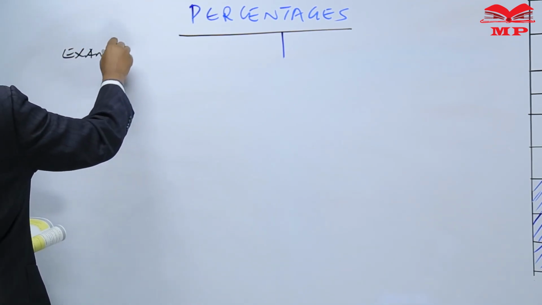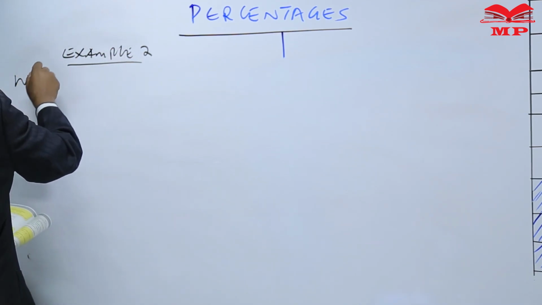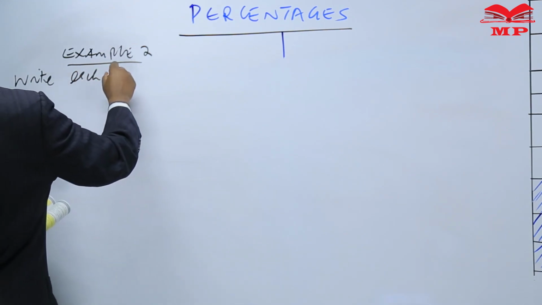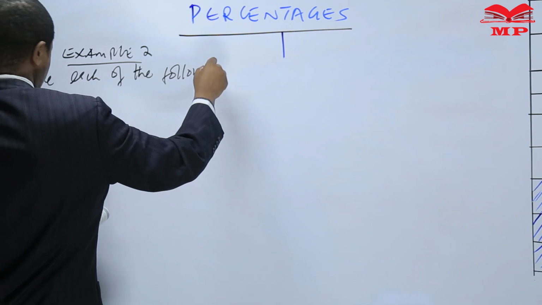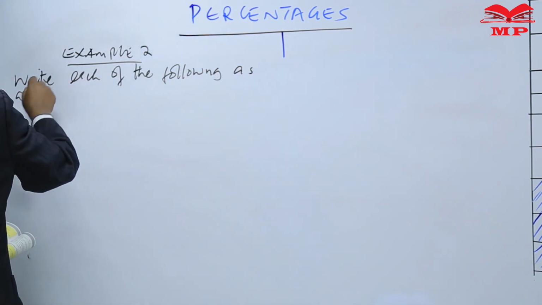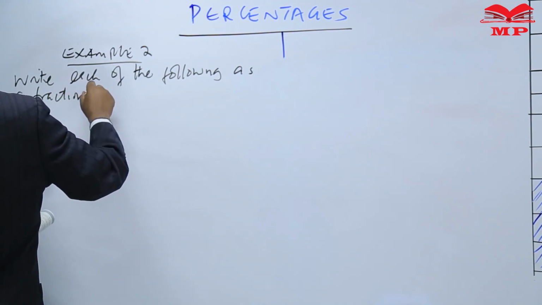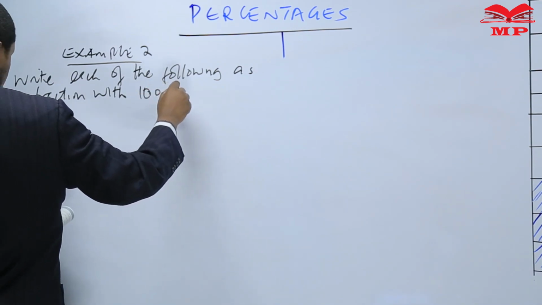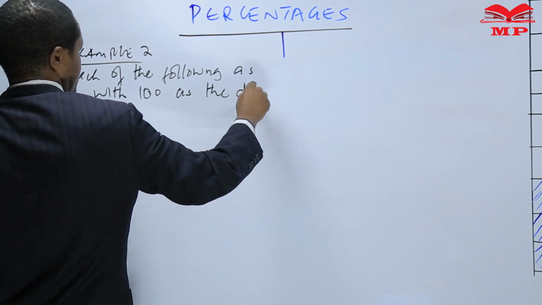Example 2. Write each of the following as a fraction with 100 as the denominator.